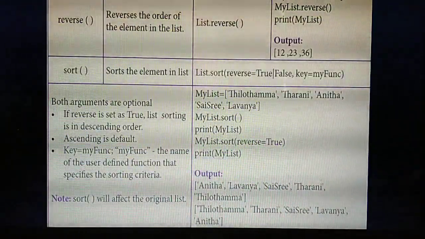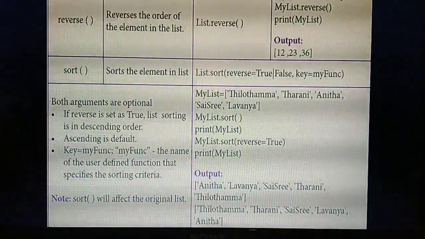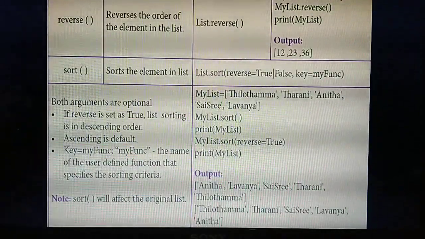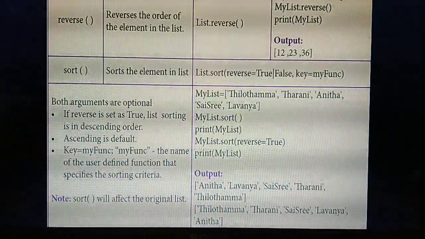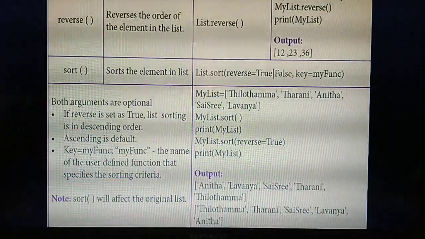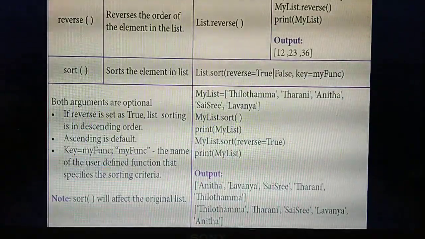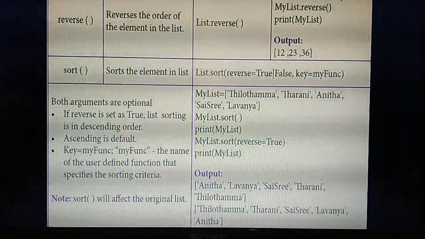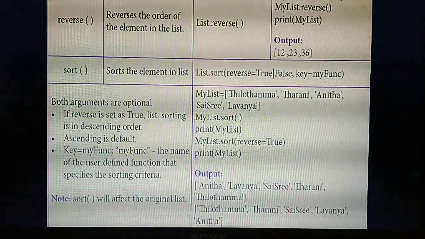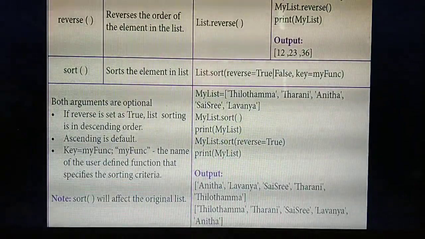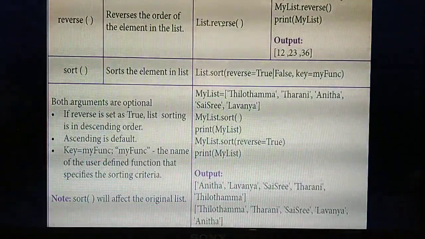So next thing is the reverse function. The name itself has reverse. Reverse means it will display the output in reverse order. What's the meaning of reverse? It will display the elements in reverse order. So what's the use of the reverse function? It will reverse the order of the elements in the list. Okay, see the syntax. You need to give the name of the list dot reverse.